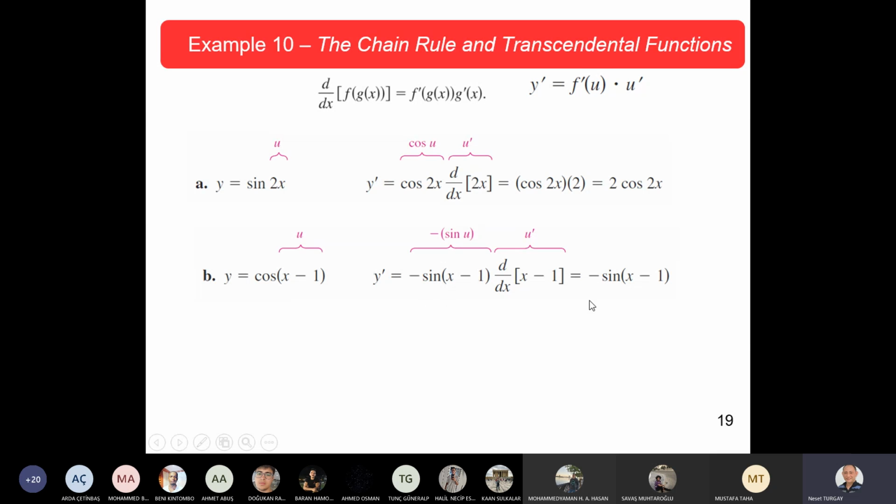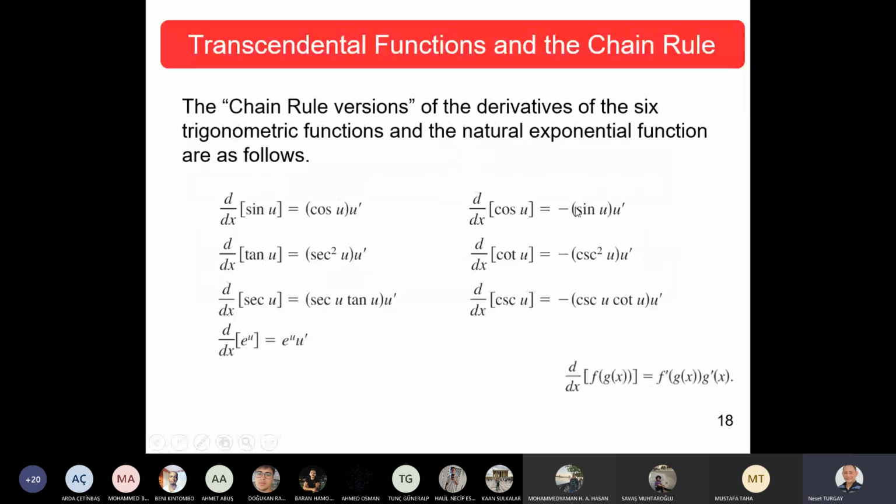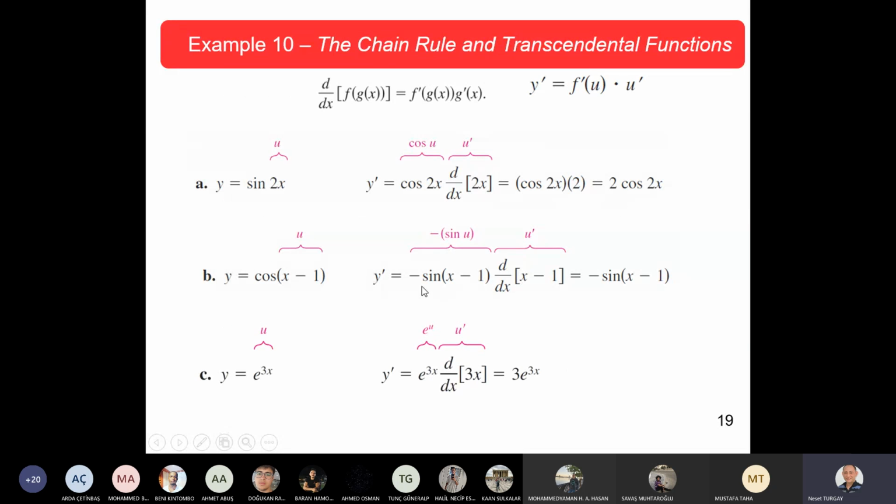Or you can use this formula if you want: minus sine u times u prime. U is this. So minus sine of x minus 1, times u prime. That's it. Do you have a question with this?